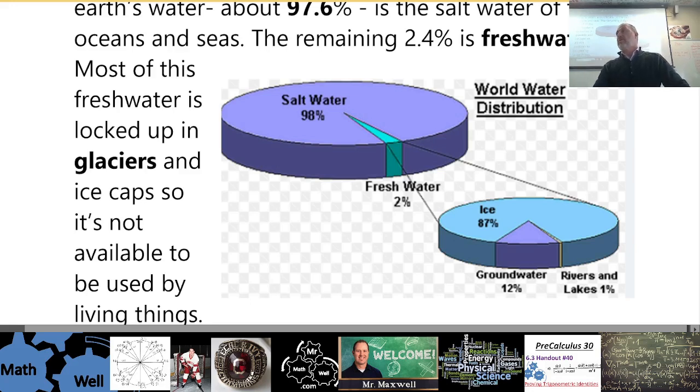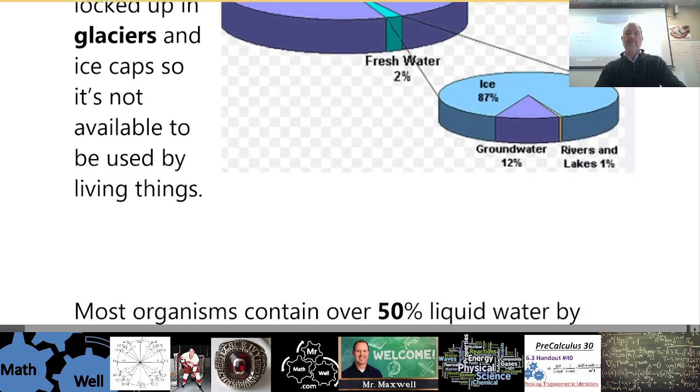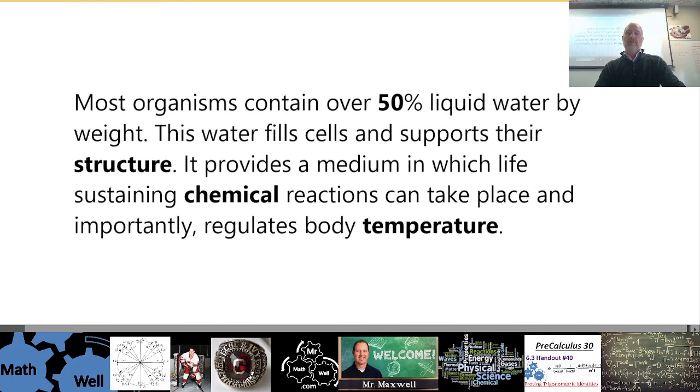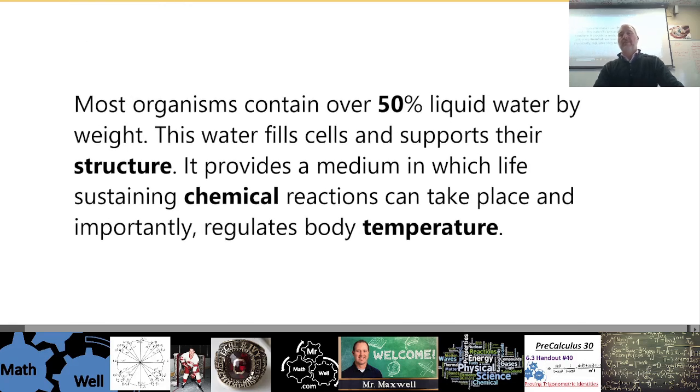So it's important to talk about conservation and purification of water and being responsible with that. Most organisms contain over 50% liquid water by weight. This water fills cells at the very cellular level and supports their structure. To keep a cell as an actual three-dimensional blob, there's water in there.